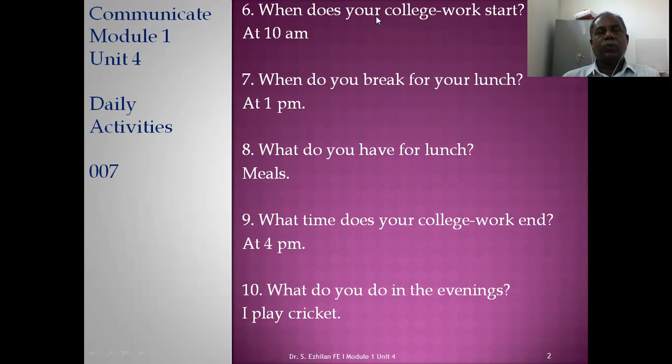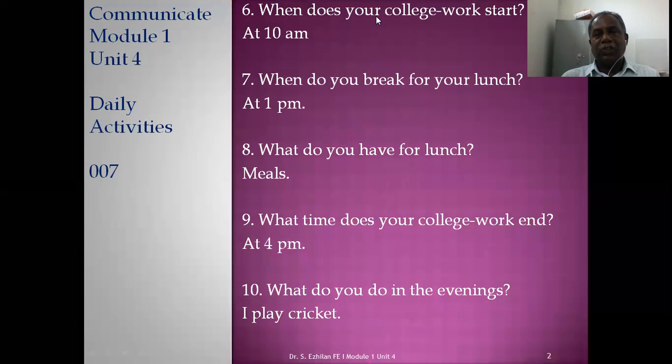I repeat the sixth one. When does your college work start? At 10 a.m. When do you have your lunch? Otherwise, when do you break for your lunch?